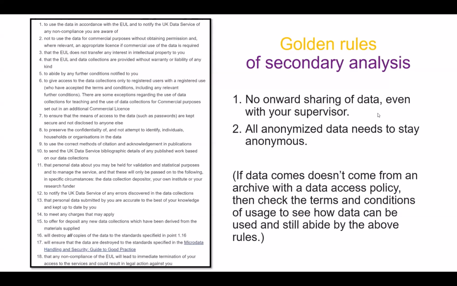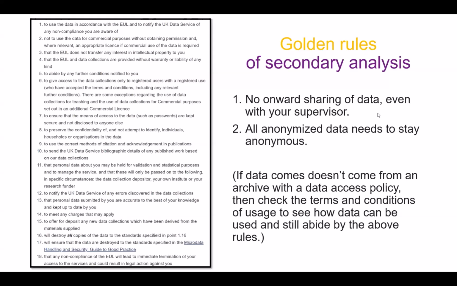Point two, all data has been anonymized. That's likely to be the case if you're reusing data from an archive. However, theoretically speaking, just because it's anonymized doesn't mean that it's completely impossible to ever figure out the identities of the participants.